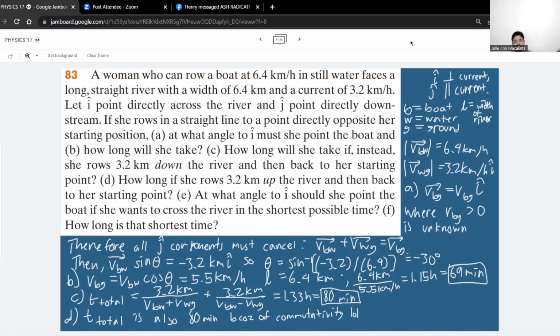Okay, sige. And then back to our starting point. Yung C and D, yan yung mga problems na ginagamit sa mga rate problems nung high school.